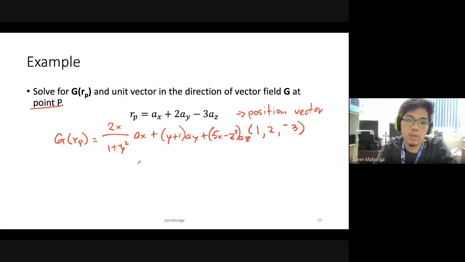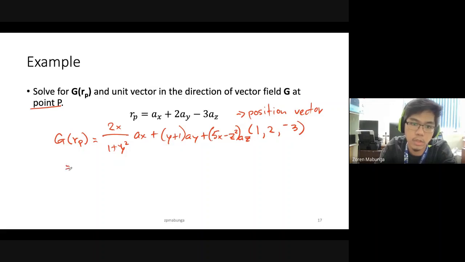So this will be your vector field G. Pero kung with respect to RP, using position RP, gagamitin mo ngayon yung values ng point P, isa-substitute mo dun sa value ng x, y, and z dun sa bawat coefficient.